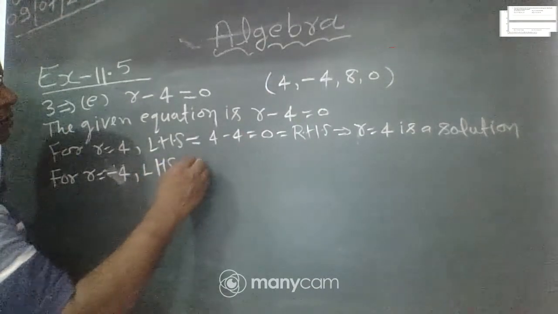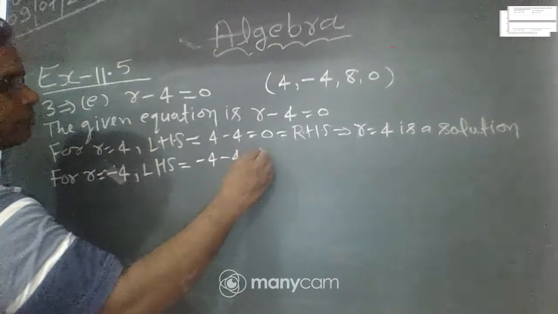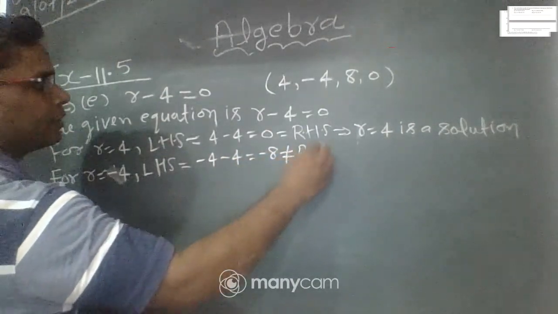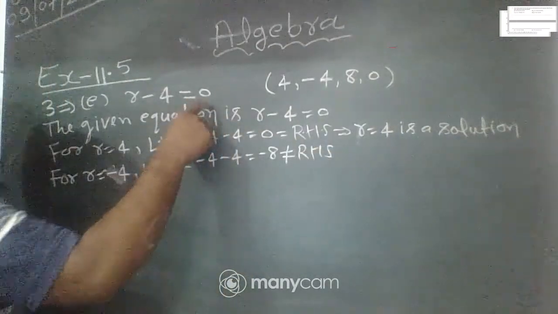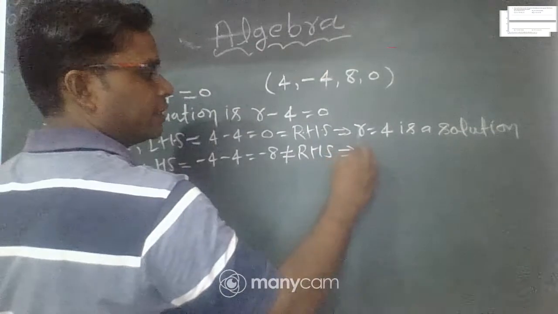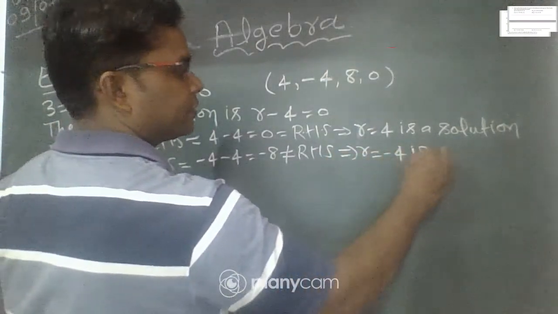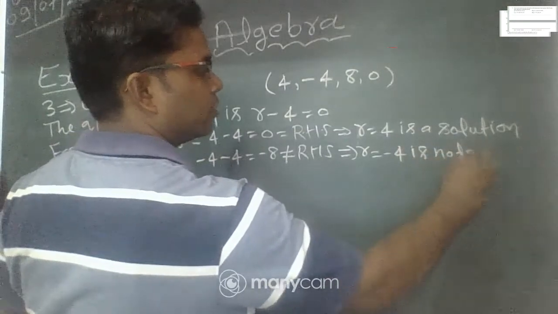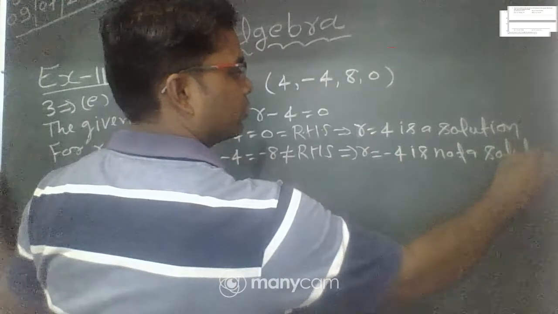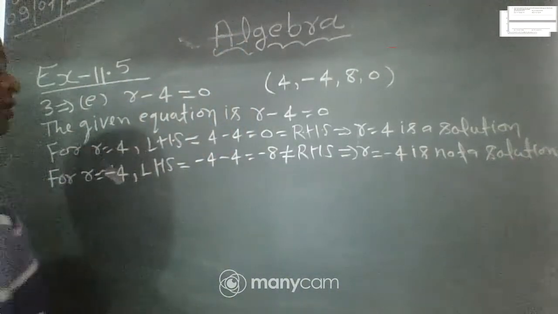This is equal to minus 4 minus 4, which is equal to minus 8. So this is not equal to the right hand side, because the right hand side is 0 and the left hand side is minus 8. So this implies that r is equal to minus 4 is not a solution.